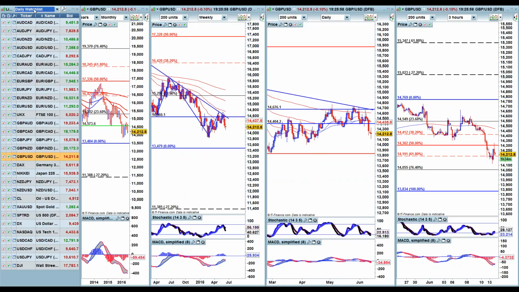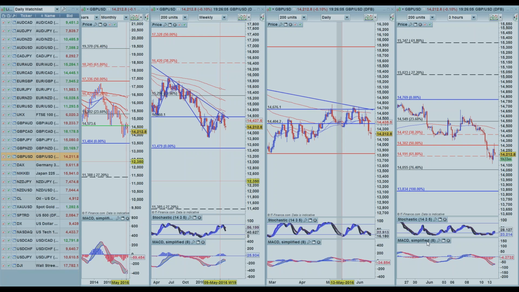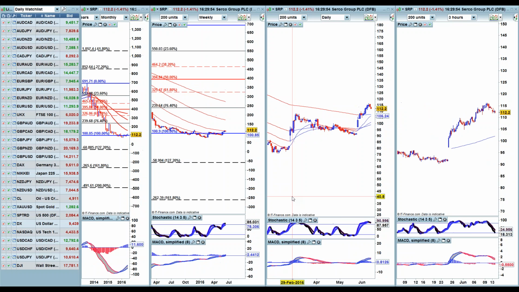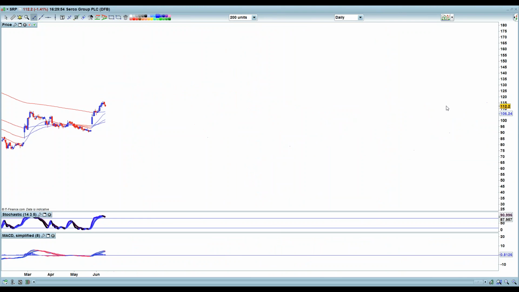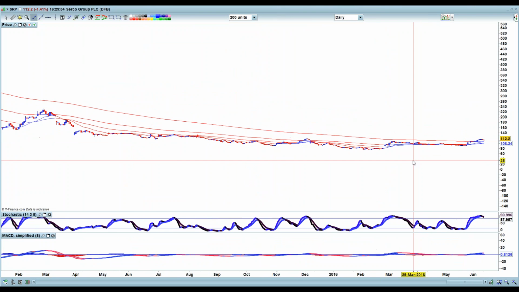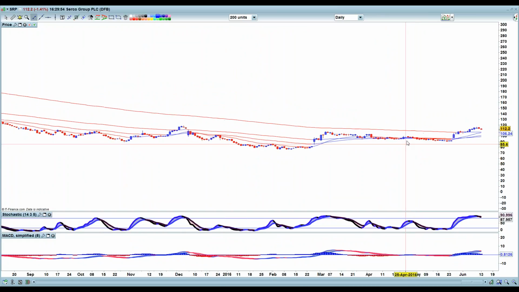A couple of stocks. Let's look at this one, Serco. This has actually gapped up a couple of times. We've got a gap fill at 93.